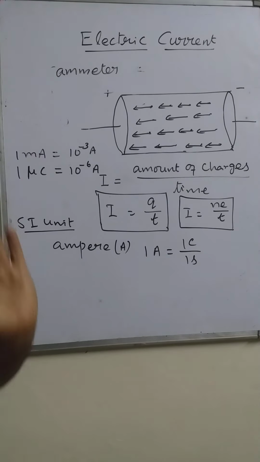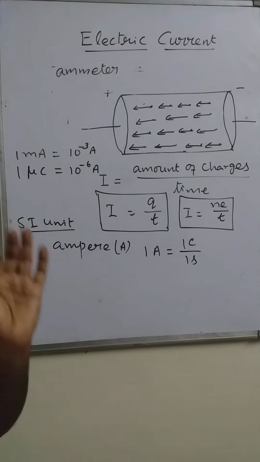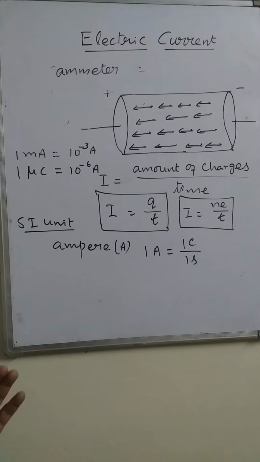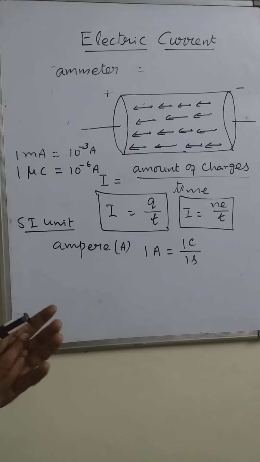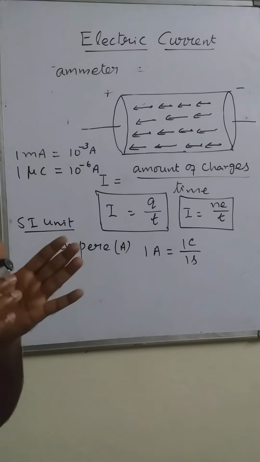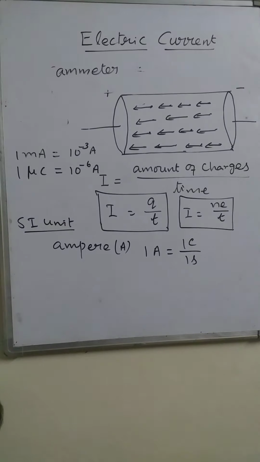So this is the device used to measure the amount of electric current flowing through a conductor, and this device may be manufactured in any shape, any form, but it has to be diagrammatically represented. It cannot be represented as it is manufactured.